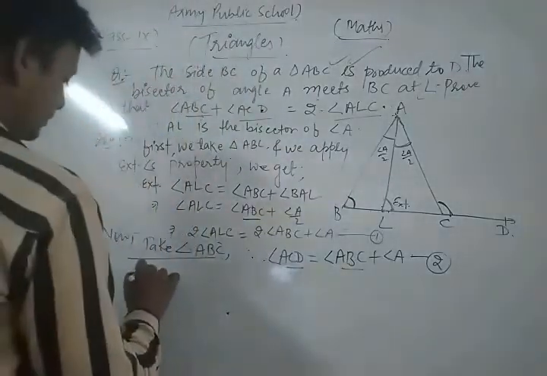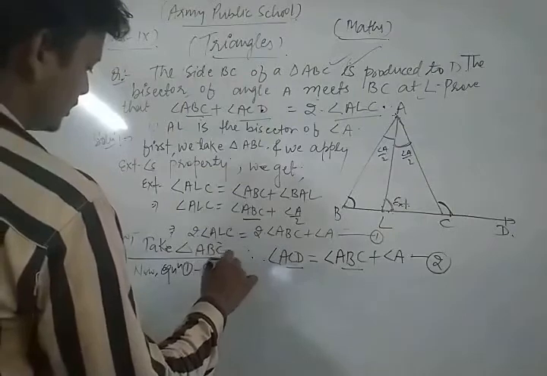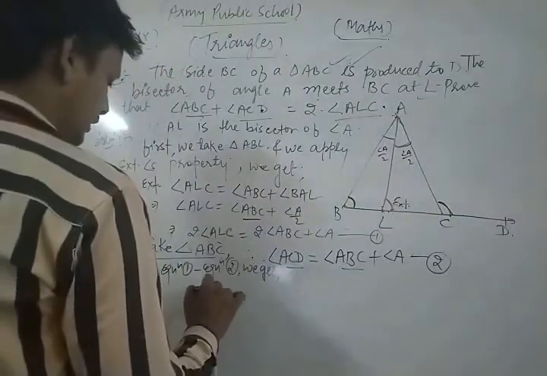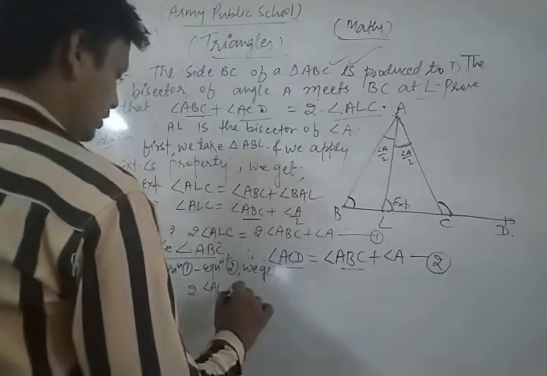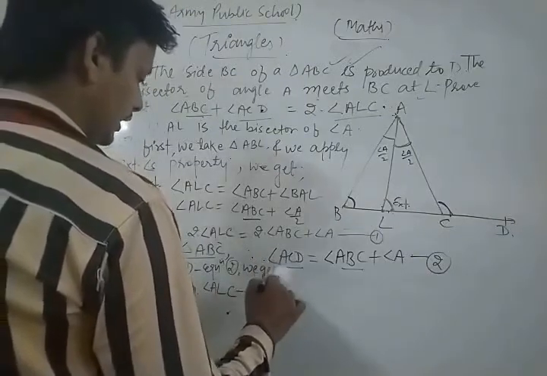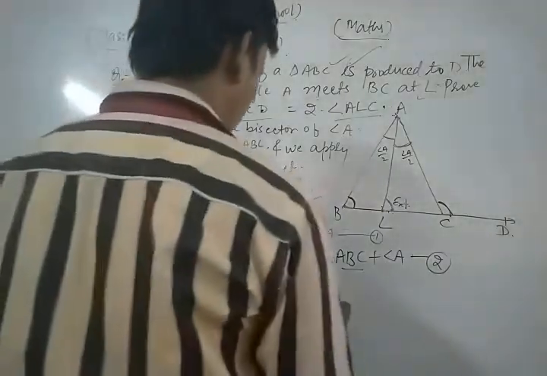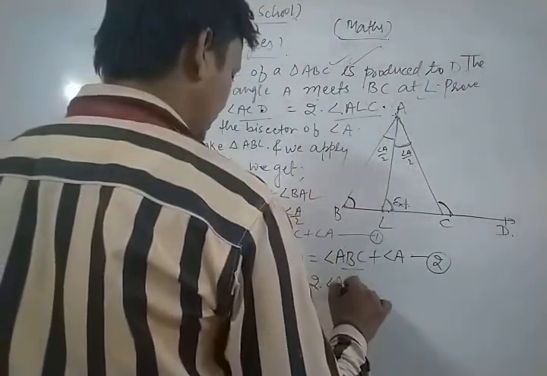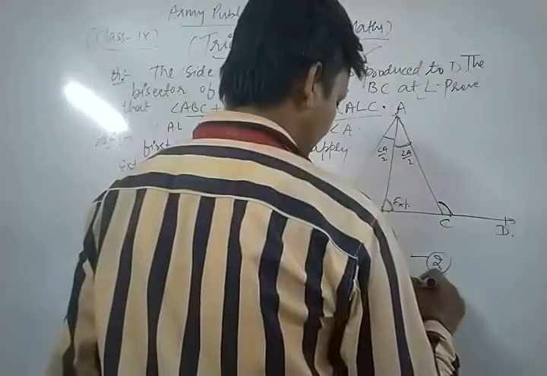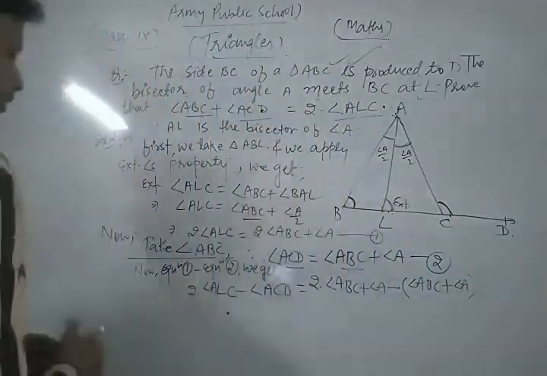Now equation 1 minus equation 2, we get 2 times angle ALC minus angle ACD is equal to 2 times angle ABC plus angle A, minus, in brackets, angle ABC plus angle A.